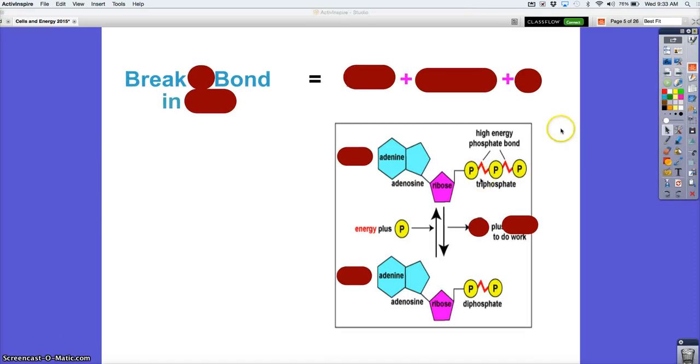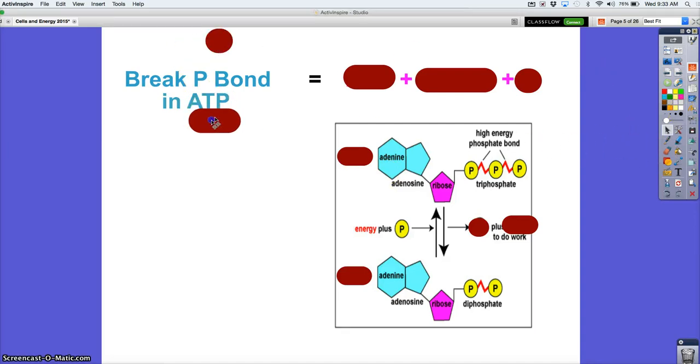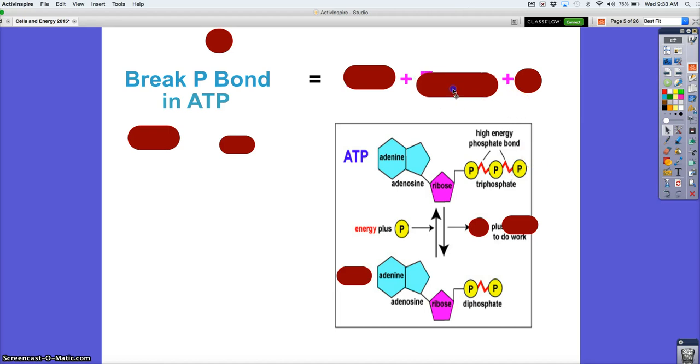Diagram. We're going to look at this diagram, and the first thing we're going to talk about is when we break the P bond in the ATP molecule. What happens? So this is ATP, and I'm breaking one of these bonds that's full of stored energy. What results when I break that bond? Energy is released. What else? Look at this molecule. What do you think this is?